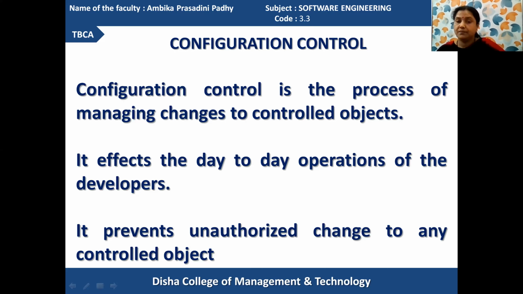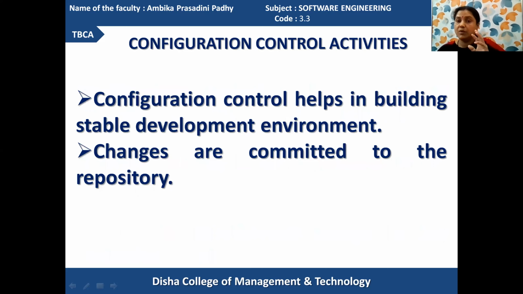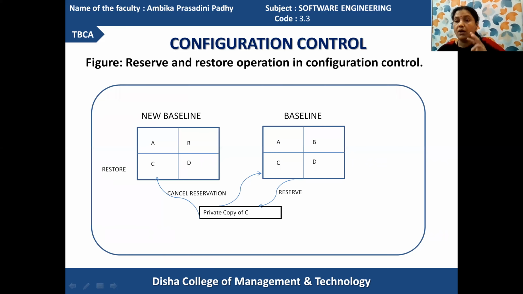Got it? And when the configuration control is done, then certain activities are performed. What are those? Already we have discussed. And for performing the actions of the configuration control work, you can use certain configuration control tools. One of the examples we have already discussed, where we require configuration control. Suppose a particular module of a system is being modified by a particular set of people, then we can take a new baseline from the original baseline as a copy of the required module, and then we can make change on that.